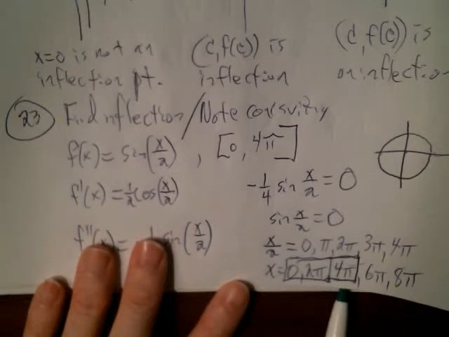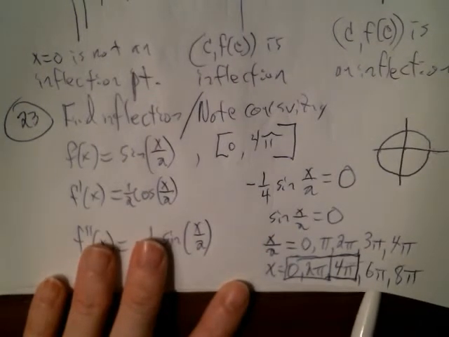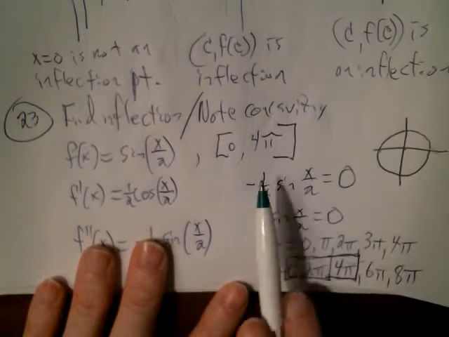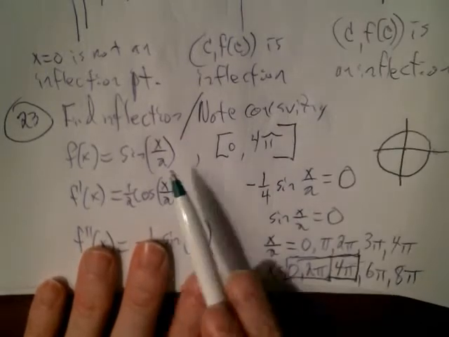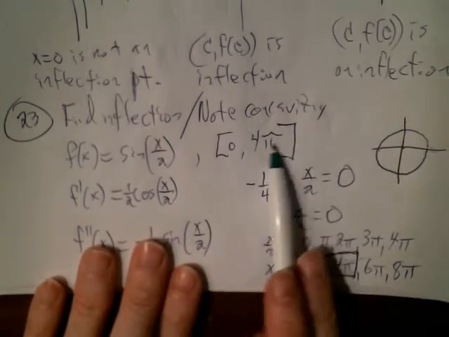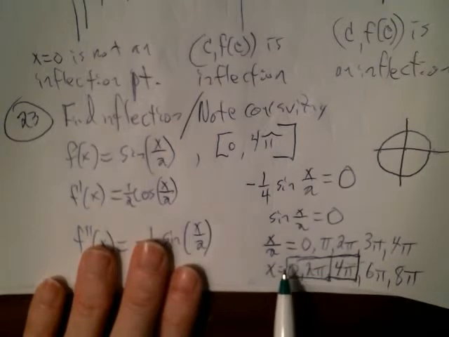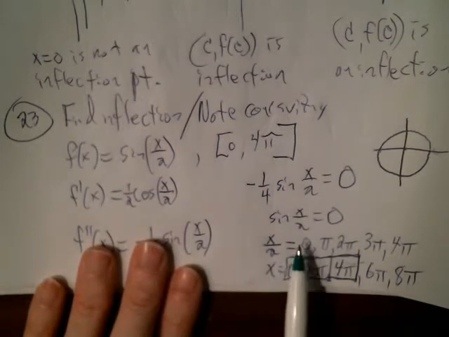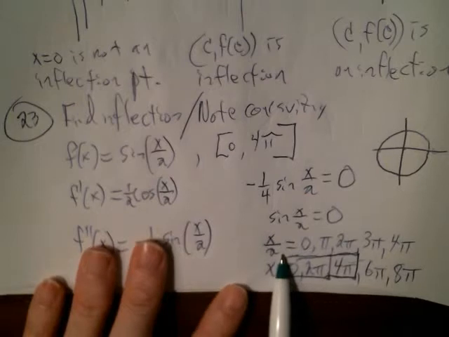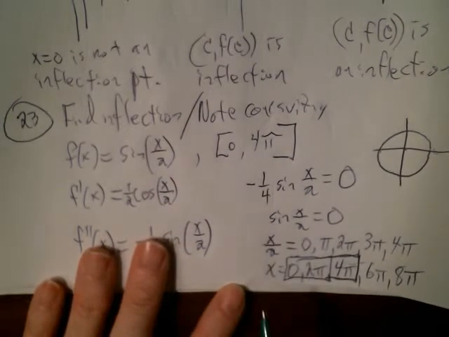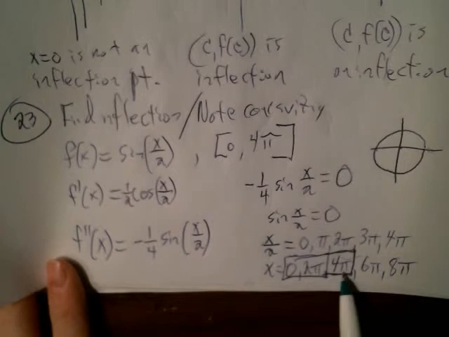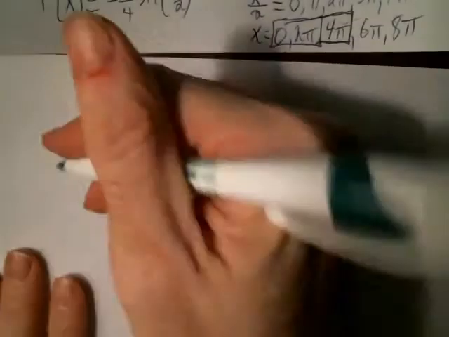The only ones that will make it work will be these three. So 6 pi is out. When you put 6 pi in here, you get something that's in this domain, but that's not what we're looking for, right? We're looking for the x values, not the x over 2 values, that will be in this domain. So it's these three values that I need for my inflection points on my second derivative number line.